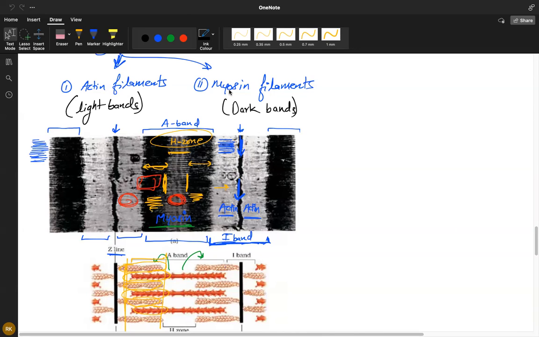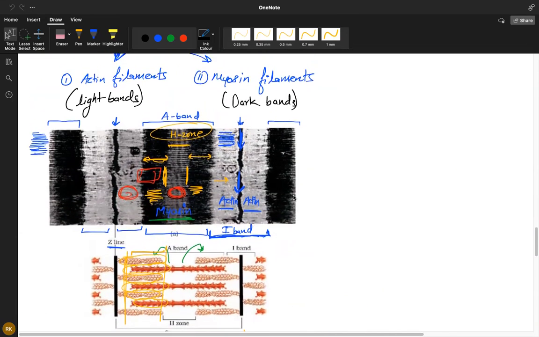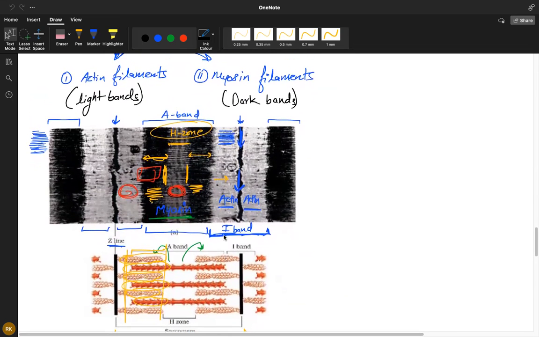So it's the structure of actin and myosin, right? Yes, from here, what you see on screen. How do you understand this figure? What is this all about? What is the I band and all this?